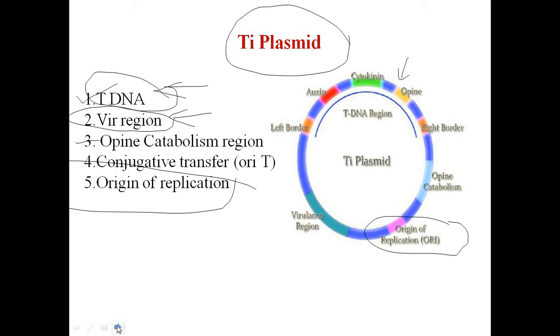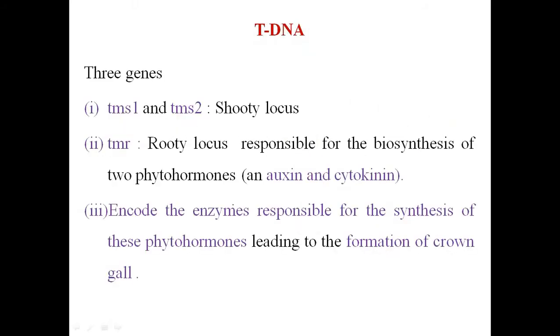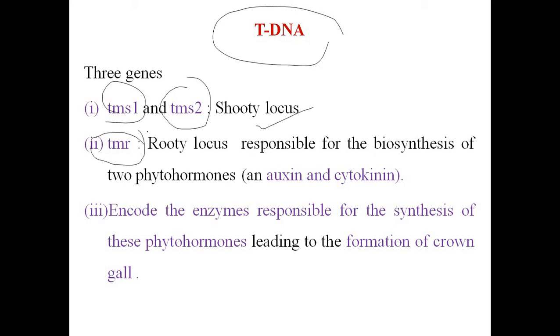Only because of this can it replicate in the cells. Then the T-DNA has three genes, of which TMS1 and 2 are responsible for the shooty locus, whereas TMR is responsible for the rooty locus, and they can synthesize phytohormones like auxins and cytokinins.